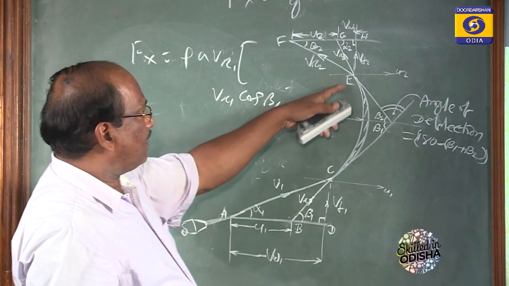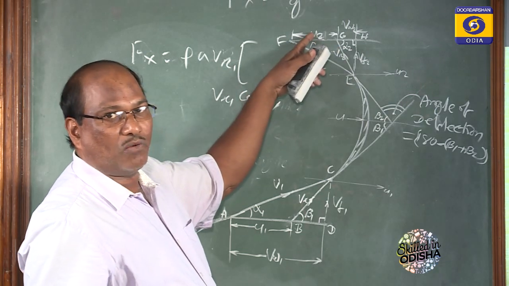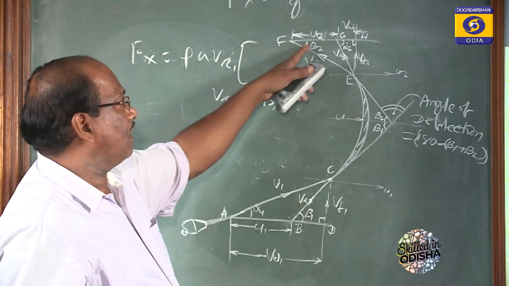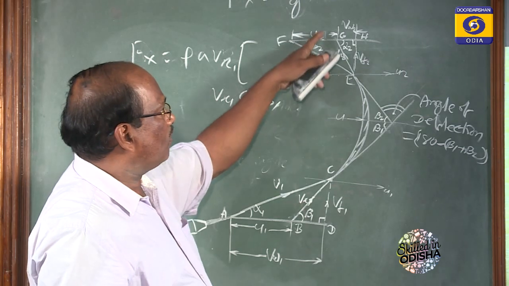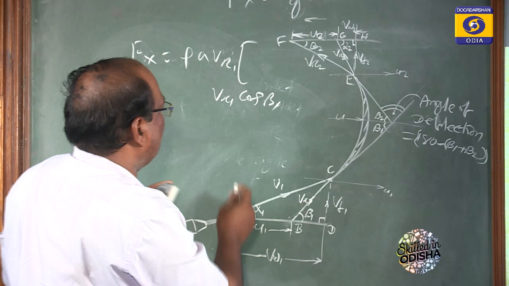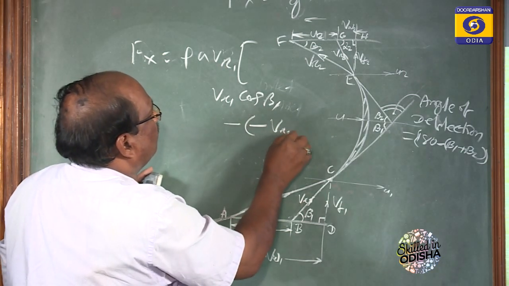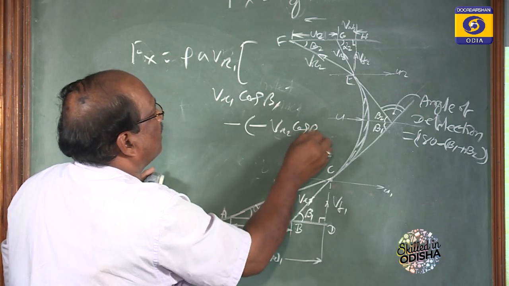And the component of relative velocity in the direction of x at the outlet of the velocity triangle is VR2 cos beta 2, but the direction is from right to left, so it is minus VR2 cos beta 2.